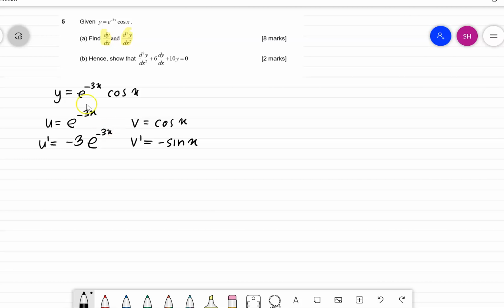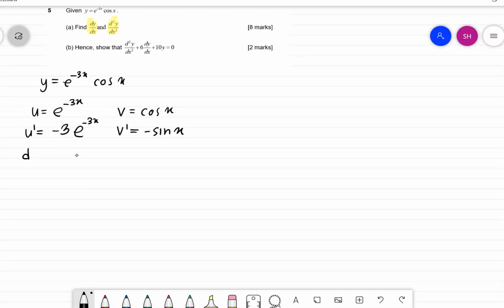And then we substitute into the product rule formula, dy over dx equals u times v prime. So our u is e to the negative 3x times v prime is negative sin x, plus v times by u prime.